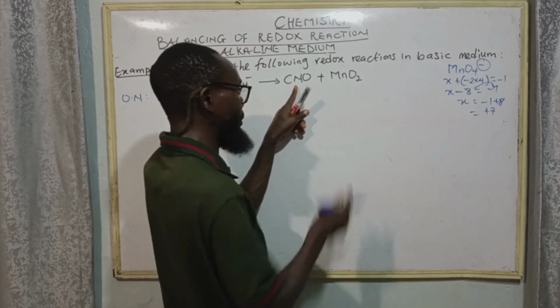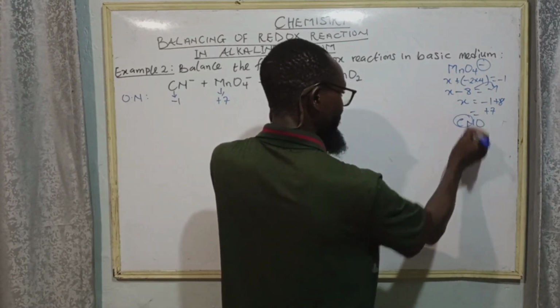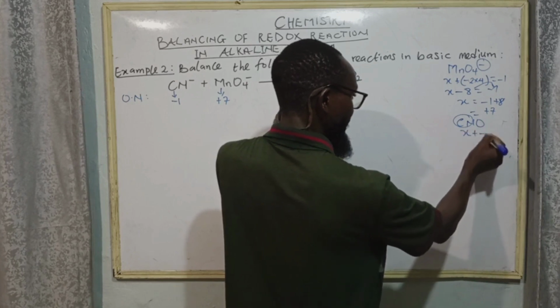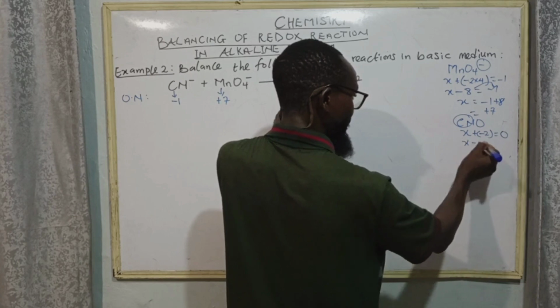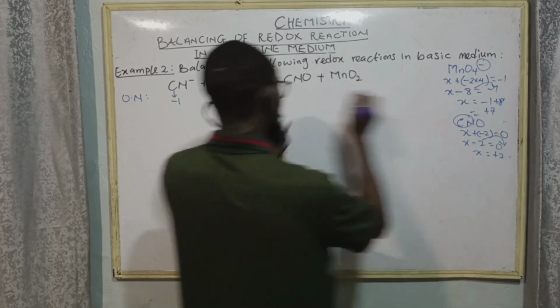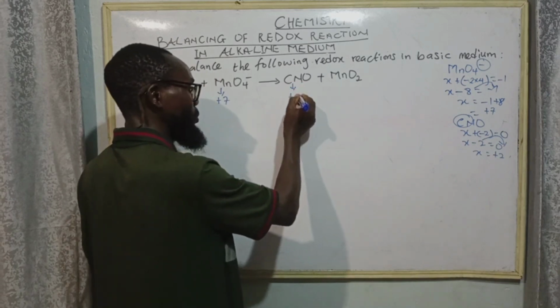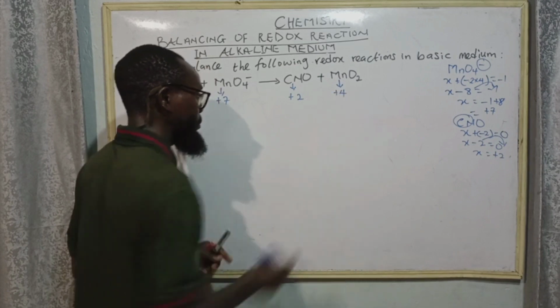So manganese here is +7. Cyanide here, don't forget we are not looking for oxygen. CNO, we have X plus oxygen -2 equals 0. So X minus 2 equals 0. X equals +2. And so cyanide here is +2. The manganese here, when you work it out, you're going to have +4.